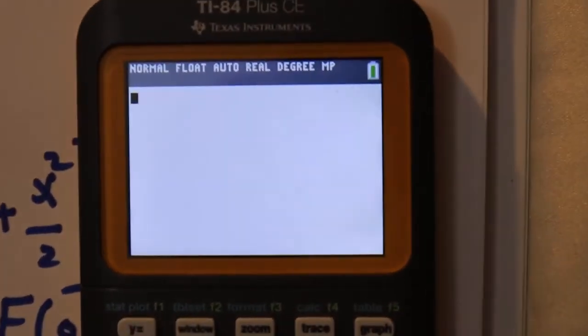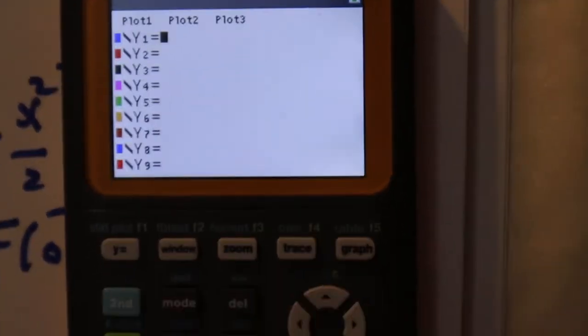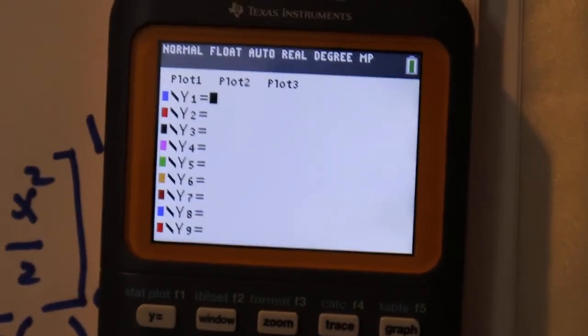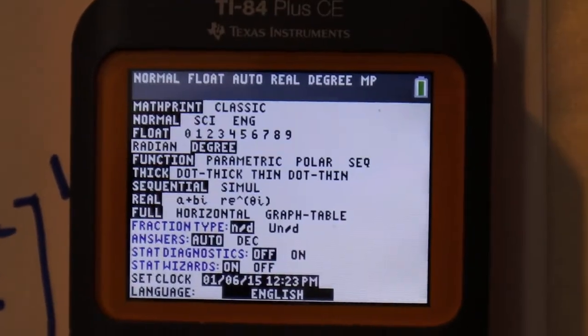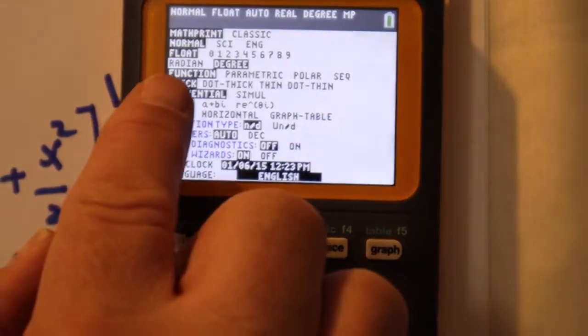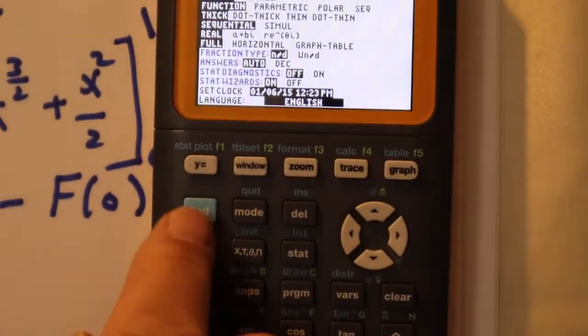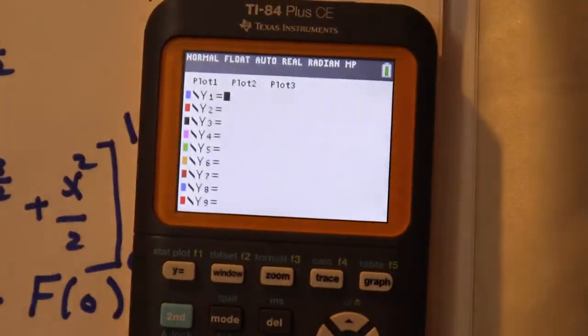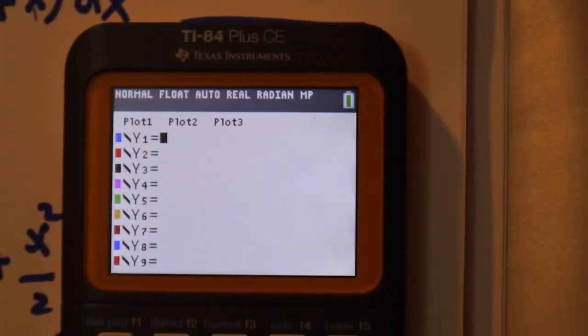So what we could do here is go over to the graphing calculator, clear all previous data, and press mode. You scroll down, make sure that your function is in the radian system, not in degrees. I don't want you to have any mistake when you graph the function.